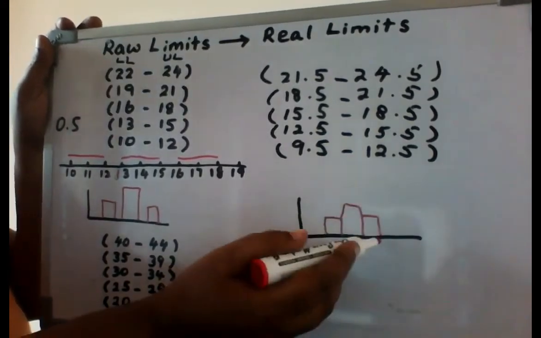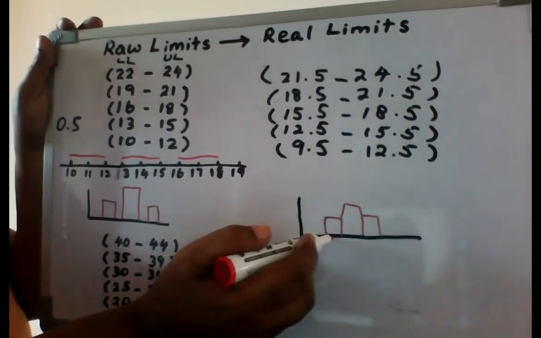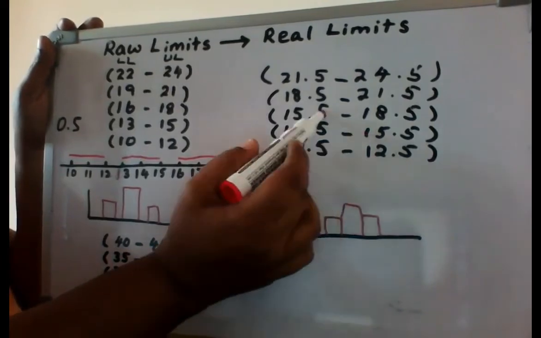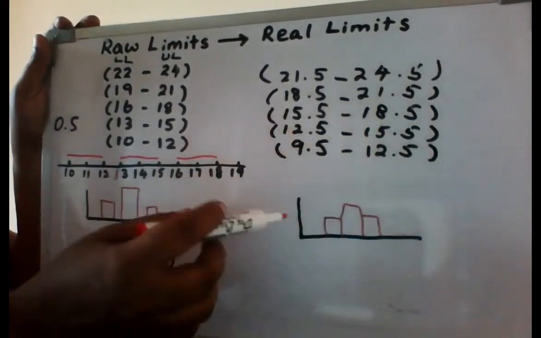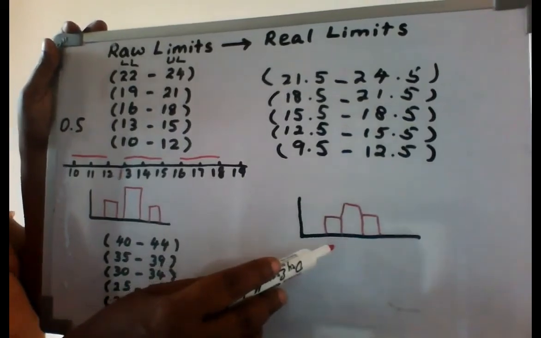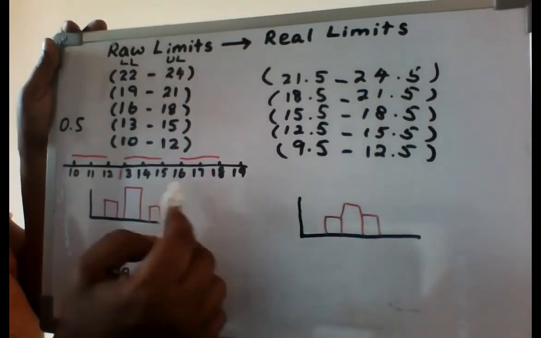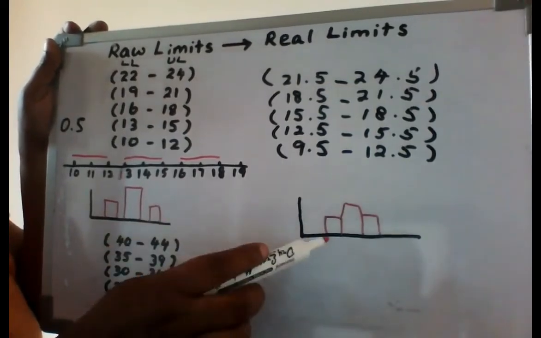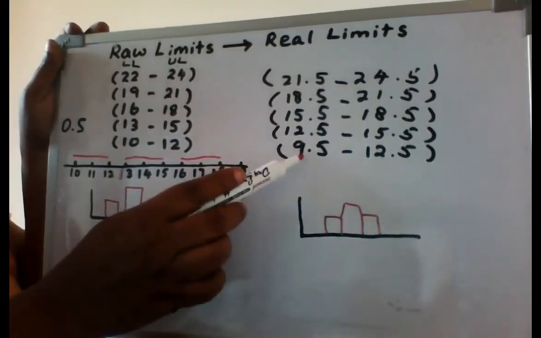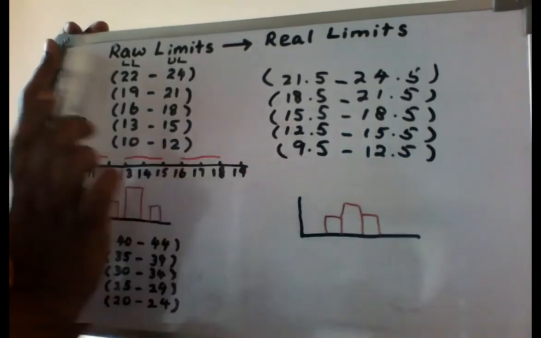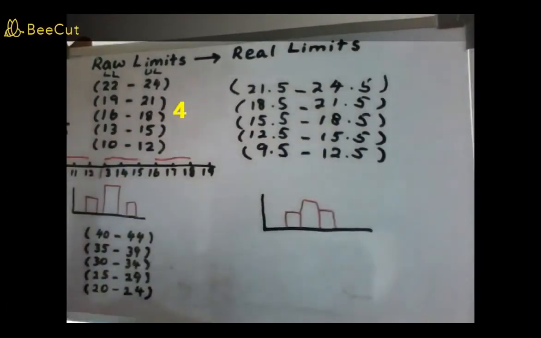No gap, continuation. To get this continuation, you have to get the real limits. That's why we learn real limits, because in your syllabus you have to draw a histogram, not a bar graph. To get this histogram, you must know how to calculate the real limits, right?